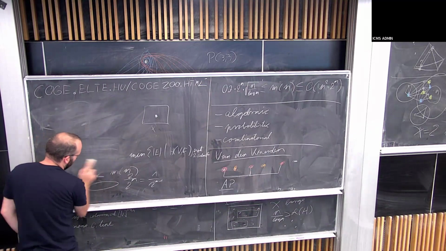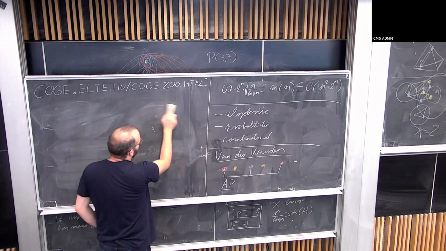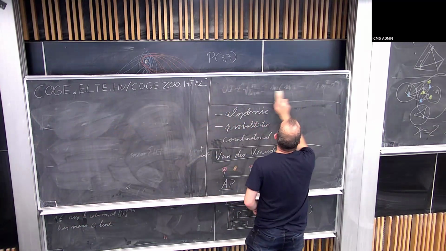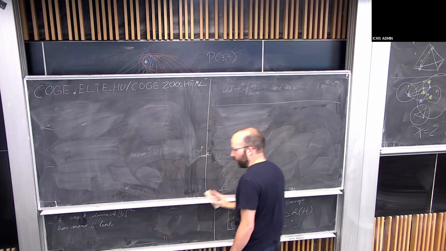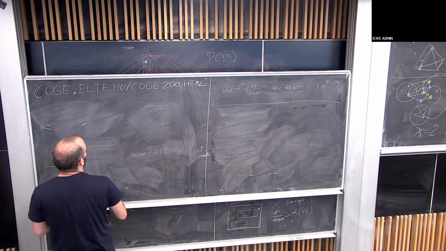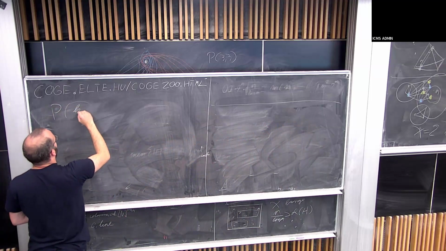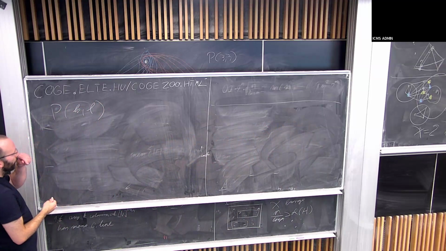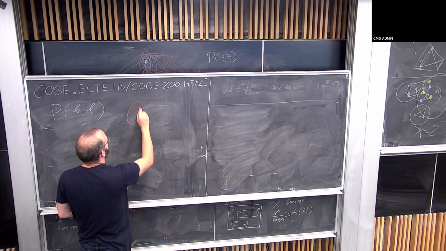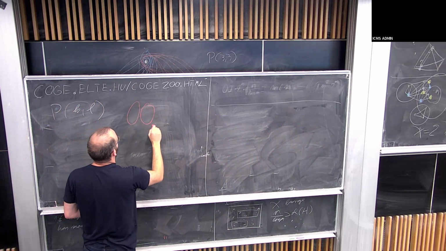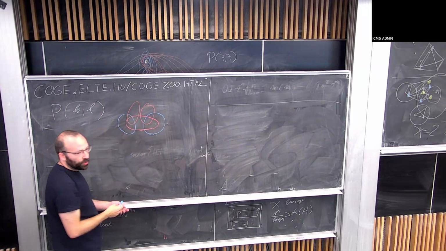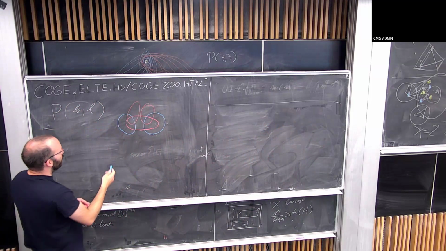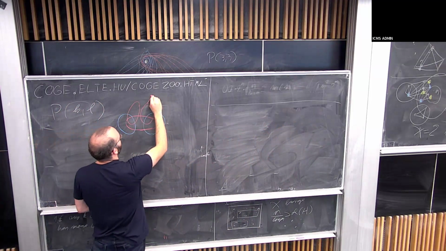I want it to be a hypergraph that is not 2-colorable, but I want something more. So I will create a hypergraph P_{k,l} such that it's going to have red edges and blue edges. So I have a partition of the edge set. The red ones are k-uniform.